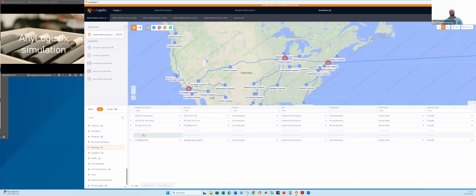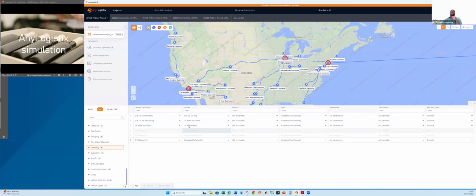Then we define the sourcing, who is providing supplies to whom. The customers are served from the distribution centers. The port of New York is distributing to the rest of the distribution centers. I created a group for Los Angeles and Chicago just to avoid distributing from New York to New York, so this is why I have this group here.